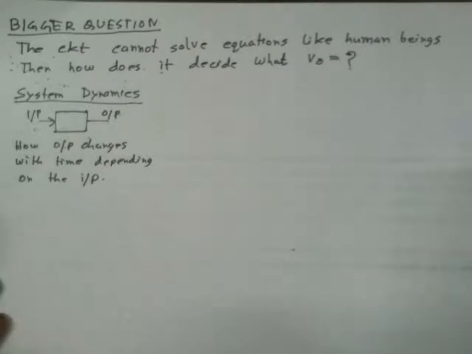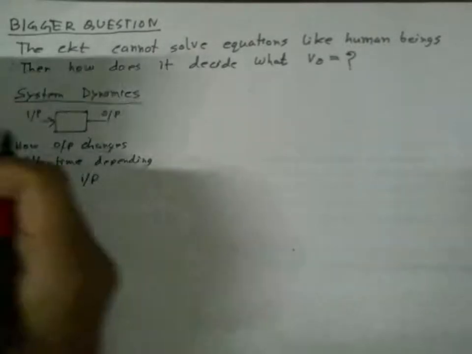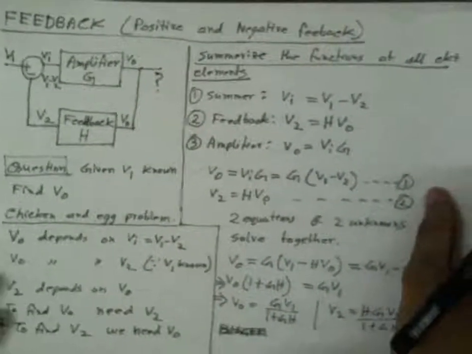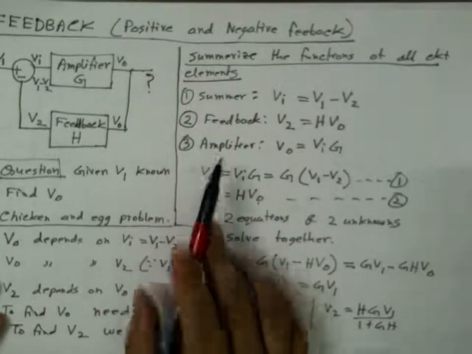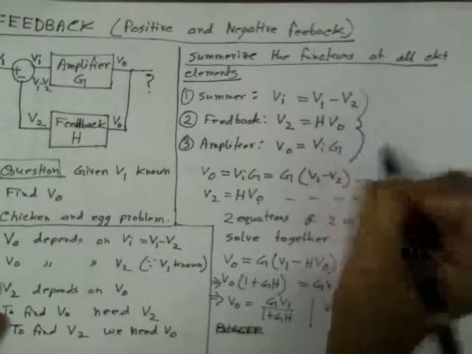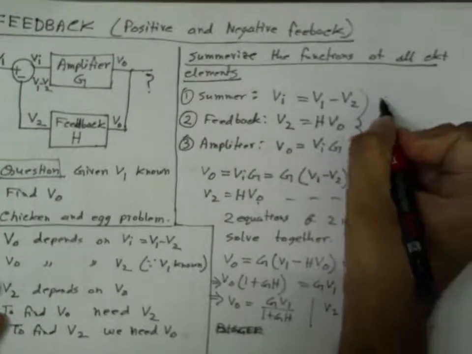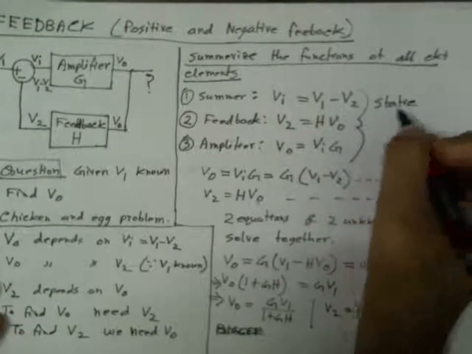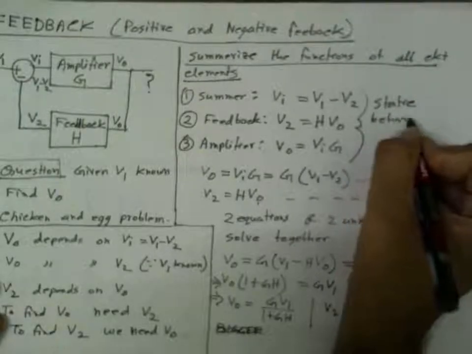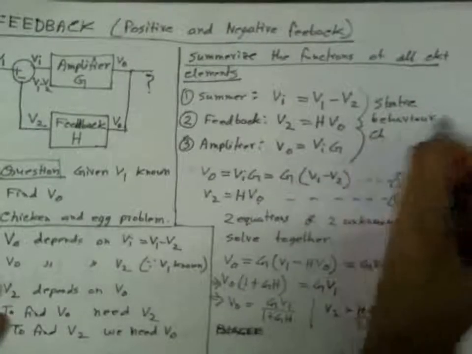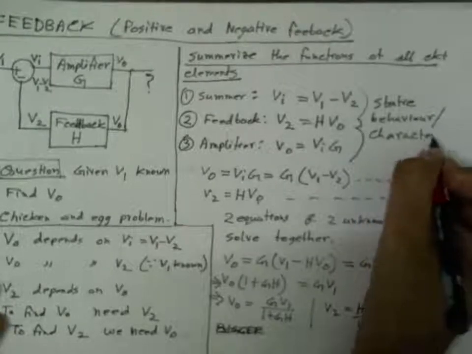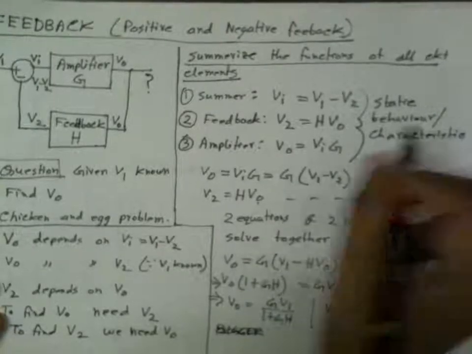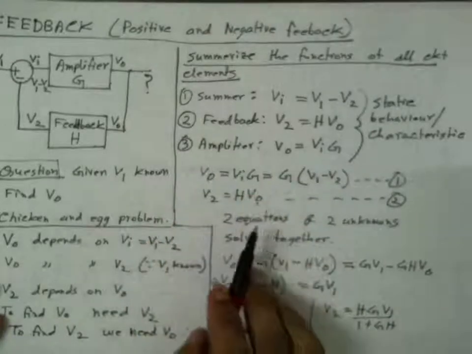Okay, so in the previous set, what we wrote as the functions of summer, feedback and amplifier, we can call the static behavior or static characteristic for the summer, amplifier and feedback element.